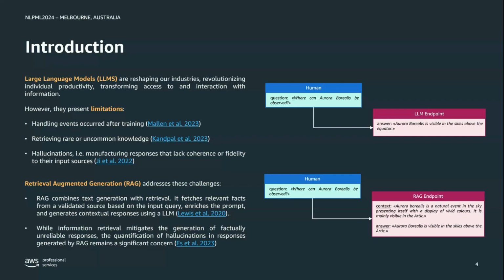This information is used to enrich the prompt and generate a contextual response. Of course, by providing validated information inside the prompt, this mitigates the generation of factually unreliable responses, but still, RAG solutions might hallucinate.